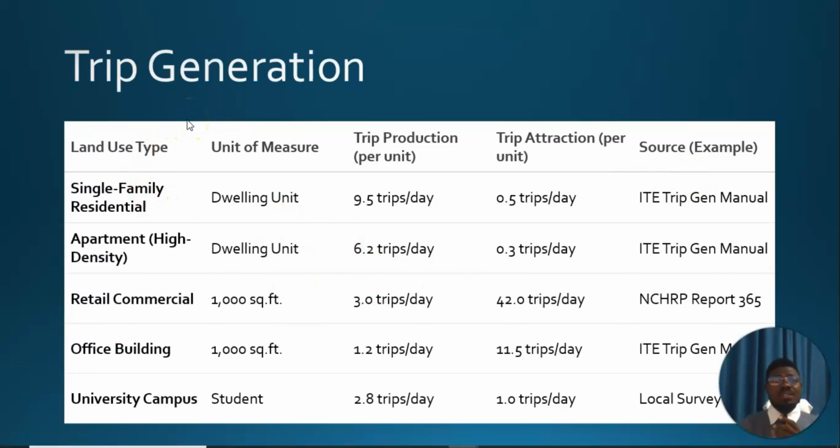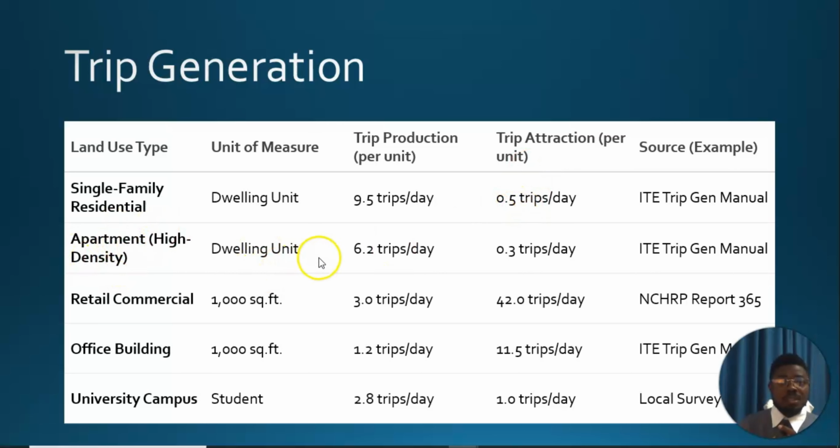Here is just a table showing the trip generation based on land use type, the unit of measure, the trip production, the trip attraction, and the source where this information is gotten from. For a single family residential, we have a dwelling unit, and we could see that they have a trip production per day of 9.5 trips, and the trip attraction per unit is about 0.5.